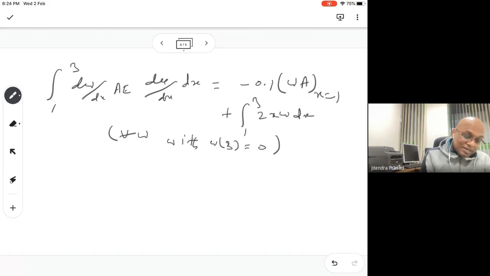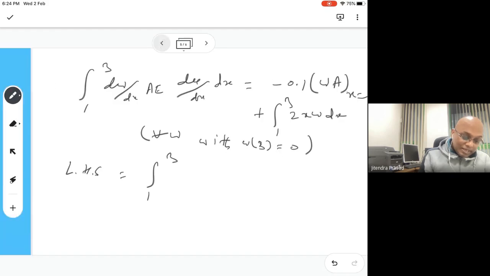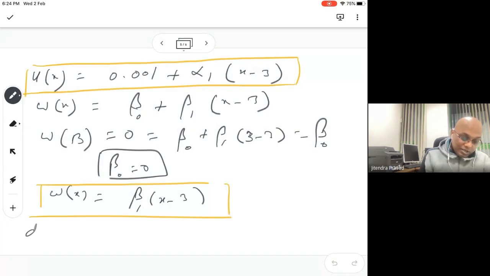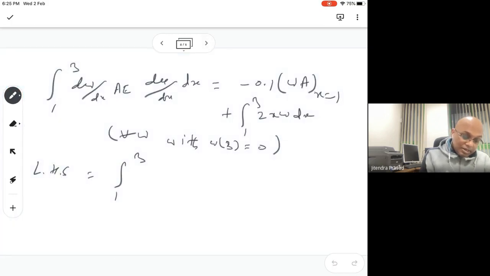So let's look at the left hand side, which is the integral from 1 to 3 of dw over dx. We can take du over dx first. Du over dx will be equal to alpha 1 simply, right? And similarly dw over dx will be equal to beta 1. So we write beta 1 multiplied by AE and then du over dx, which becomes alpha 1 dx.